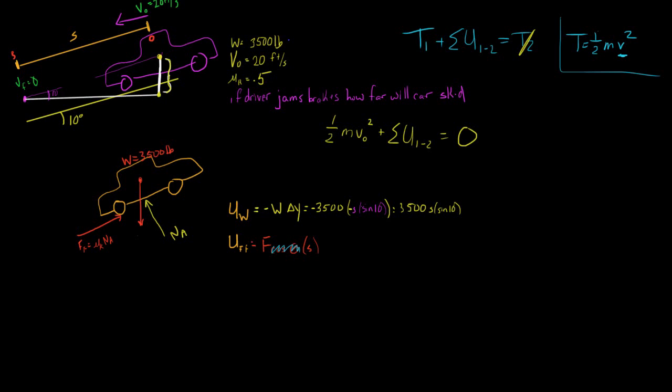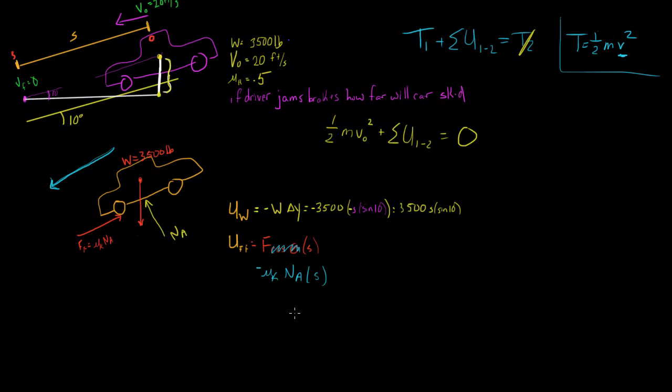Our motion is moving like this, and our frictional force is just against it, and there's no angle between these. So our frictional force work is going to be minus this mu k N times s.